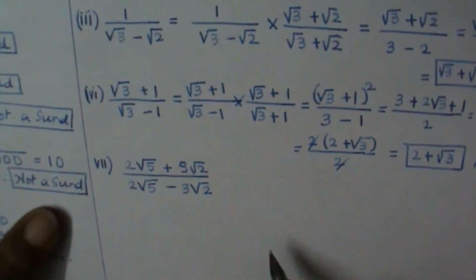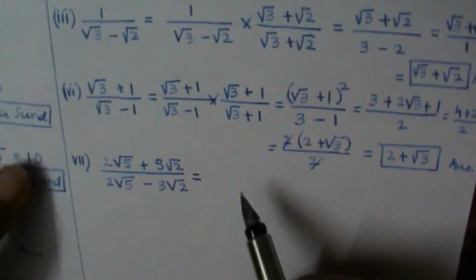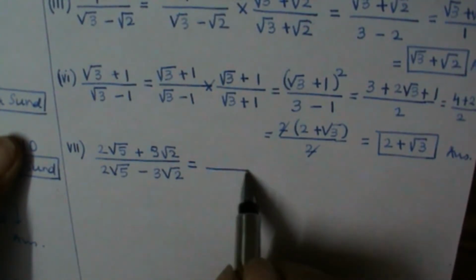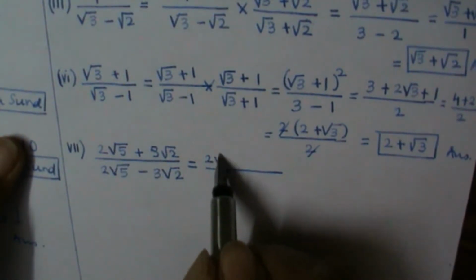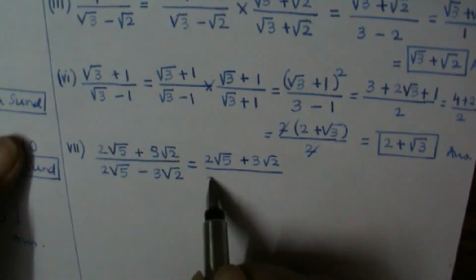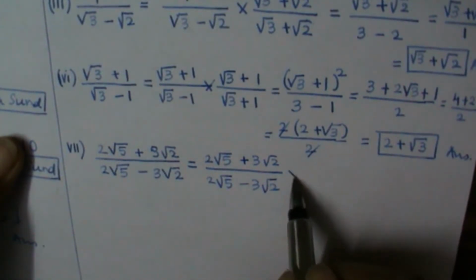Now, let us come to this. This, by and large, can be a little confusing, but not if you keep your mind alert. 2 root 5 plus 3 root 2 upon 2 root 5 minus 3 root 2.